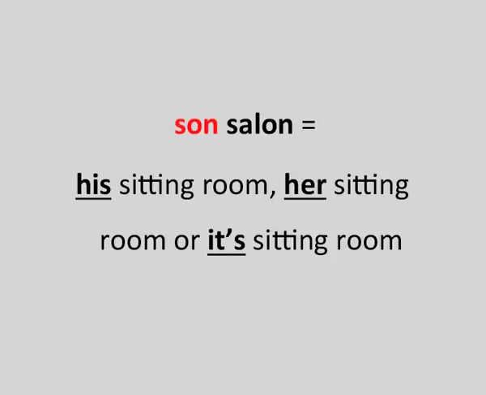In English, it's very clear that the sitting room belongs to a female because of the possessive adjective her. In French, such an indication is not available. So in this sentence, son salon can mean his sitting room, her sitting room or its sitting room. It is the context that will indicate to whom the sitting room belongs.